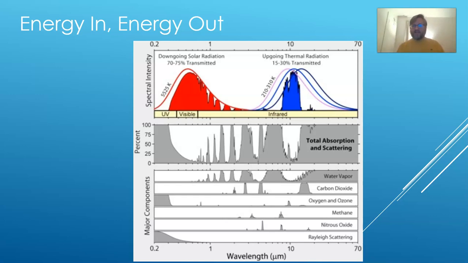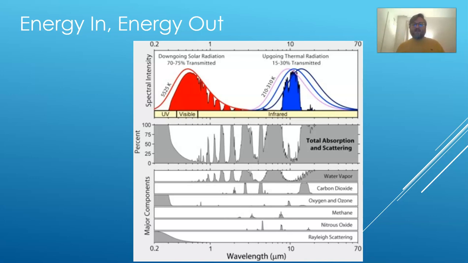Other wavelengths it's going to let go through. Then carbon dioxide has different wavelengths at which it is trapping energy versus letting it through. Ozone, methane, nitrous oxide, right? They each have specific wavelengths of energy that they absorb. So specific bites they take out of the energy that the Earth is trying to radiate into the atmosphere.